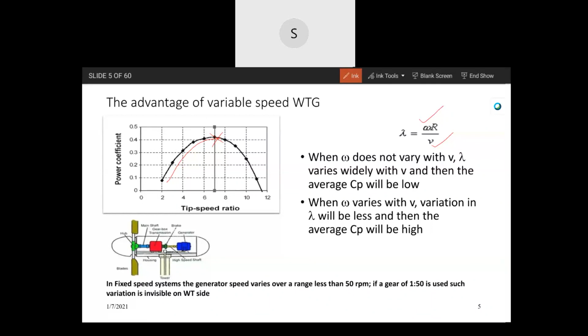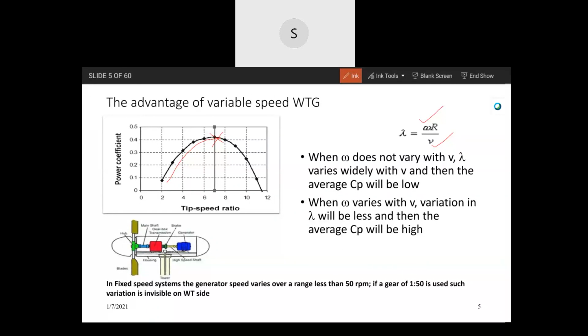But for the time being, the purpose of my mentioning this is to tell you that if we can have a system, a combination of turbine and generator, where omega can vary with the variation in the wind speed, it is beneficial. Overall efficiency can be high.